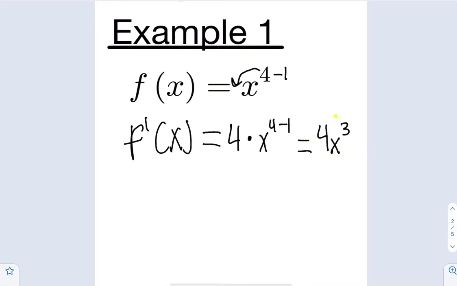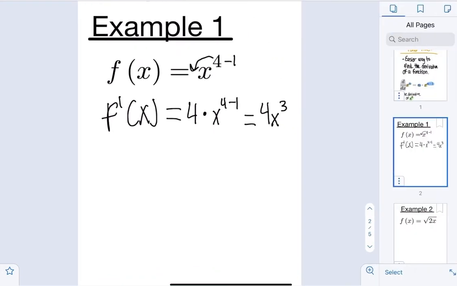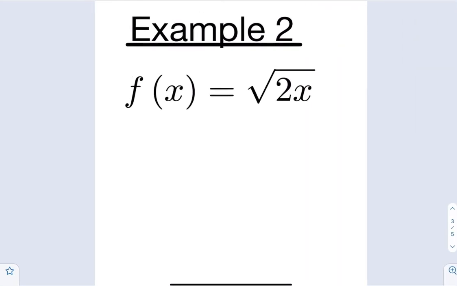Let's try another one. Okay, so this one looks a little more scary, but let's try and remember back to our pre-calculus or algebra 2 experience. Our function is the square root of 2x. Is there a way that we can rewrite this before we take the derivative? I think so.